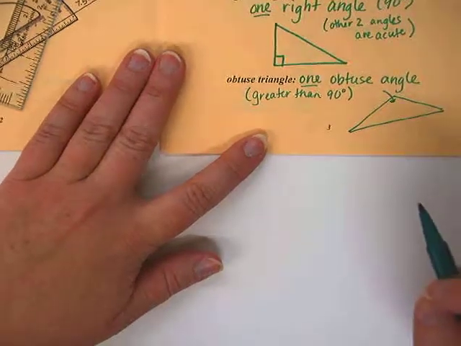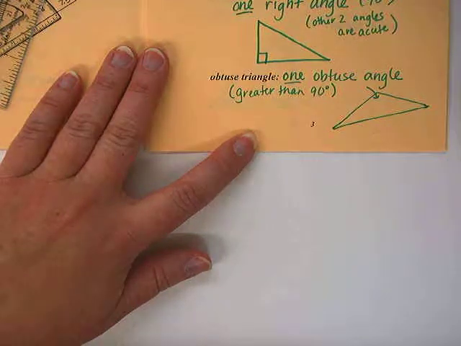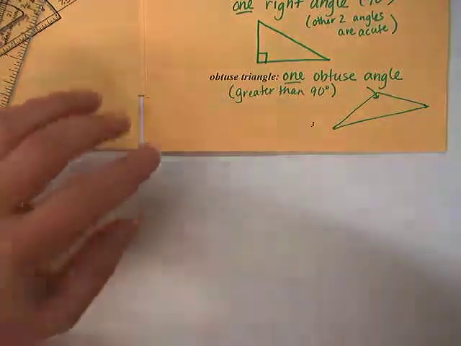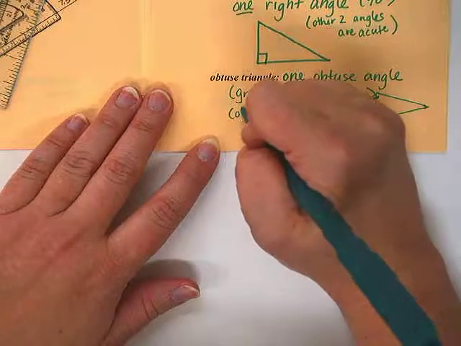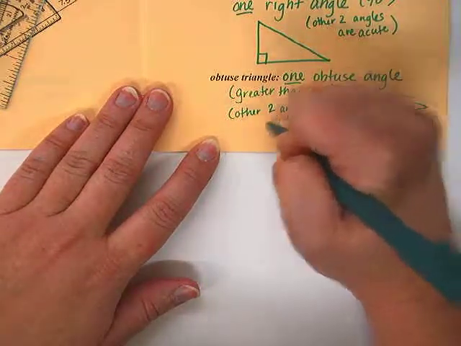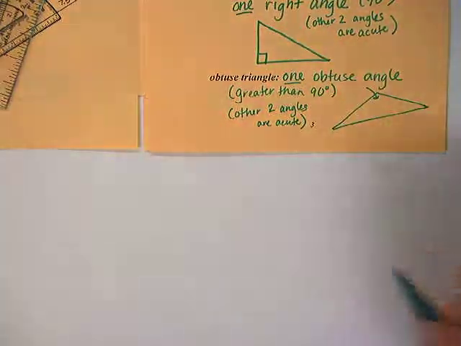Okay, so I need to make sure I draw a triangle with an angle that's obtuse. And there's my obtuse angle. What are the other two angles going to be? Acute, obtuse, right? They will have to be acute angles, won't they? It's not going to work if they're not acute. So the other two angles are acute.